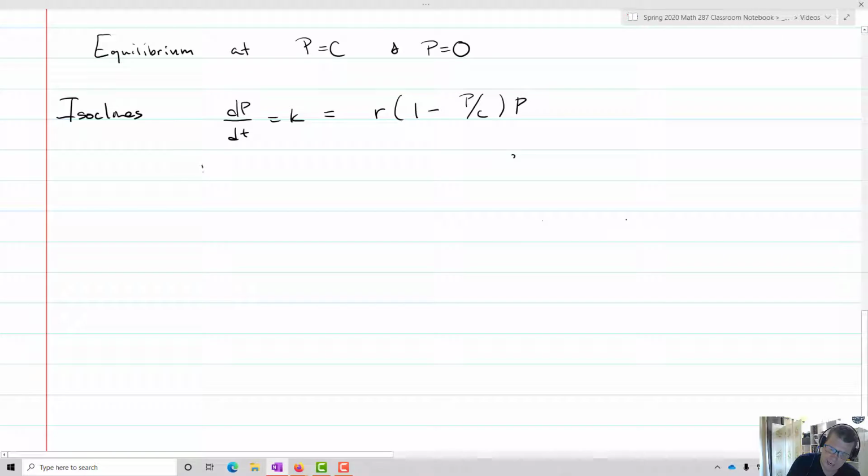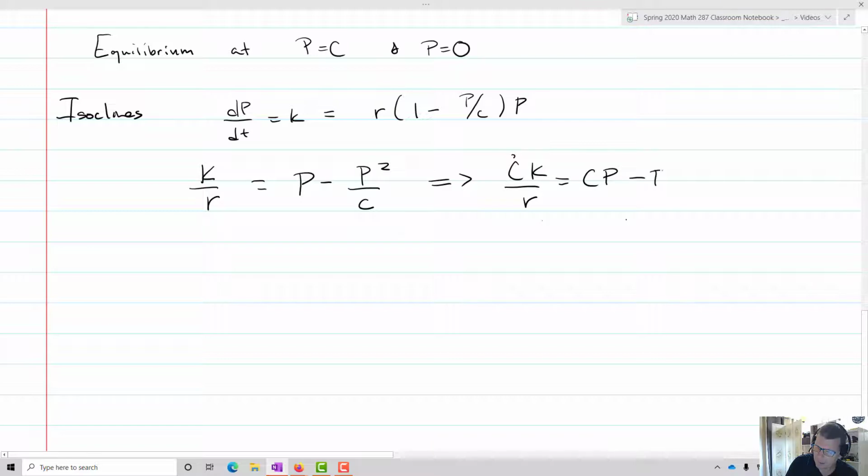But what we're going to get is, I'm going to divide through by r, so k over r is going to equal P minus P squared over C. And then I'm going to multiply through by C. So that's going to end up giving me that Ck over r equals CP minus P squared.